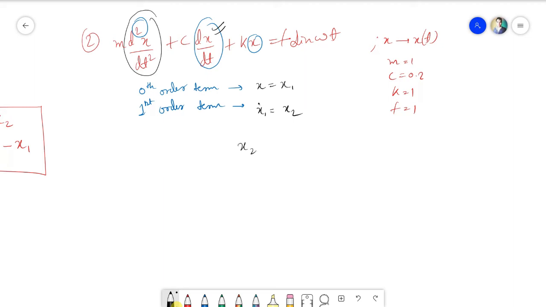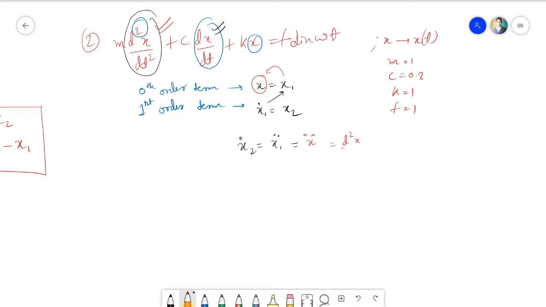So x2 dot will become x1 double dot, which is nothing but our x double dot, which is nothing but our d square x by dt square.